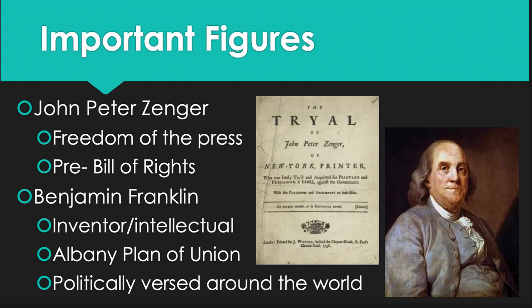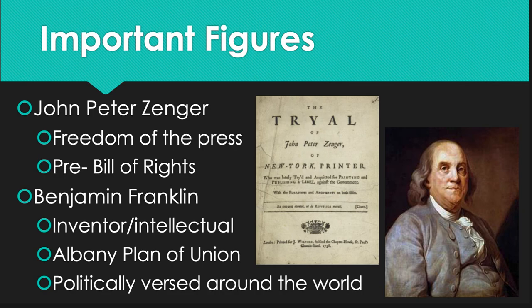Now, as you can imagine, that created some problems for Cosby, and he became angry. Cosby then accused Zenger of libel, which is defined as printing information that opposed the government, and that is or was illegal.